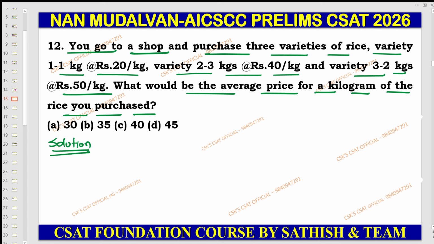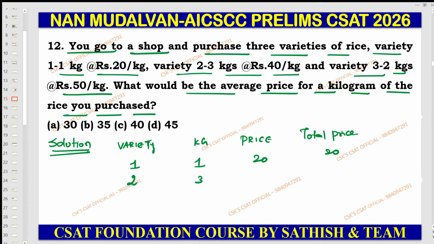Just a calculation. Variety, kg, price. What is the total price? First variety I am taking 1 kg at 20 rupees, so 1 into 20 becomes 20. Second variety I am taking 3 kg, price per kg 40. 3 into 40 becomes 120.